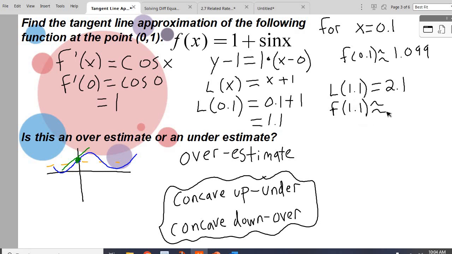Plug it in for me. 1.8. So again, it's not an awful estimate, but it's not great either. So the further away you get from the initial point that you use, the worse your estimation is going to be. Does that make sense? So that's why we tend to stick with something that's fairly close.